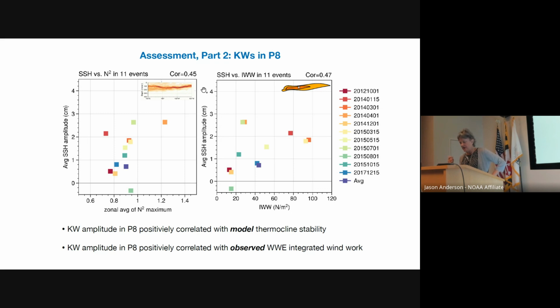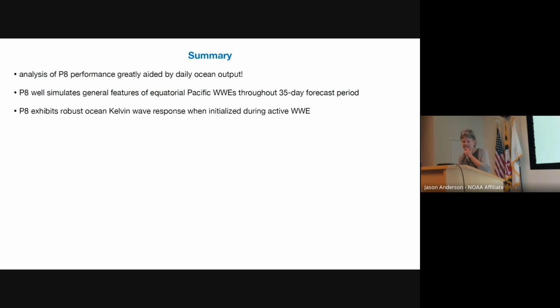Like I say, we are trying to come up with a better way to assess the skill of the westerly wind events. I'm getting ahead of myself, but just to summarize, the first point is that the analysis of the P8 performance is really aided by the availability of daily ocean output.